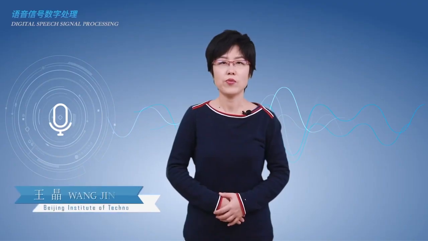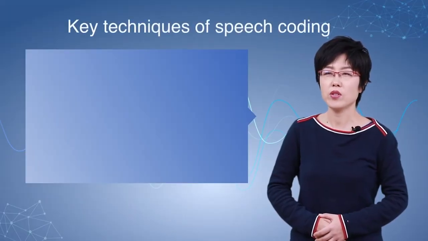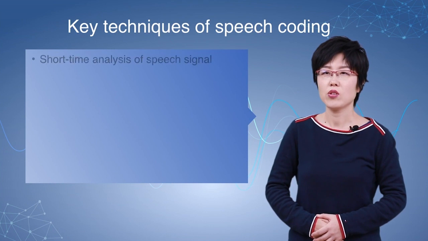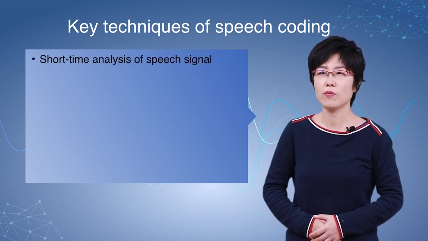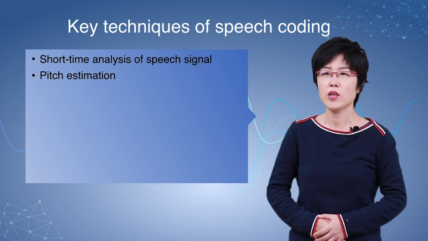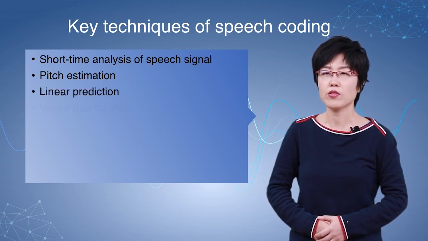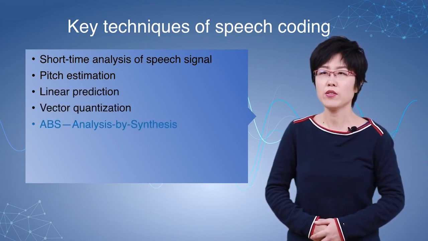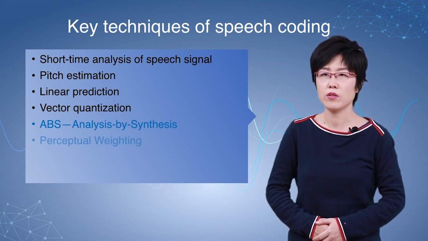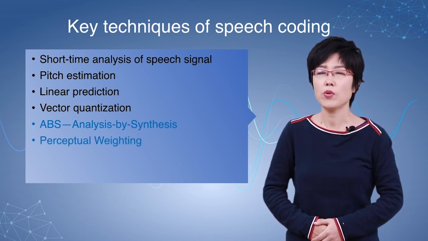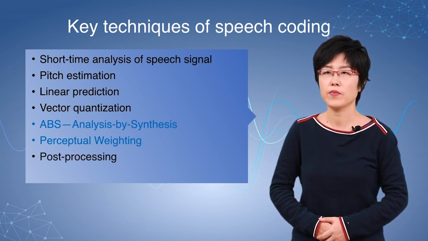In this session, we will have a brief introduction of key techniques used in speech codec designing and the performance evaluation of speech codecs. There are some key techniques mostly used in speech coding, such as short-time analysis of speech signal, pitch estimation, linear prediction, vector quantization, ABS (analysis by synthesis), perceptual weighting, post-processing, and so on.